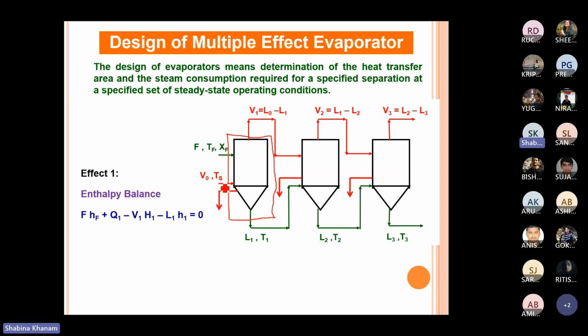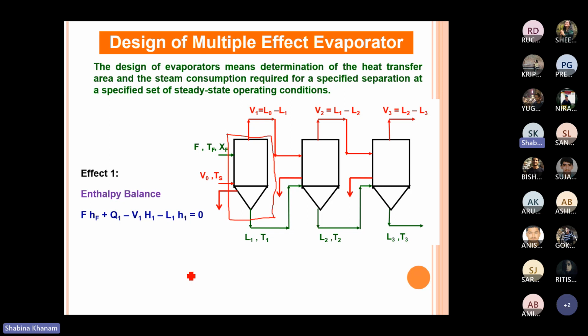These two are positive quantities, minus V1 and capital H1. V1 is the vapor exiting from the first effect, and capital H1 is the enthalpy of the vapor associated with this V1.